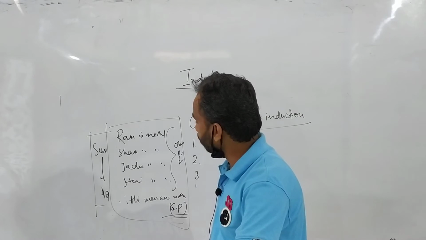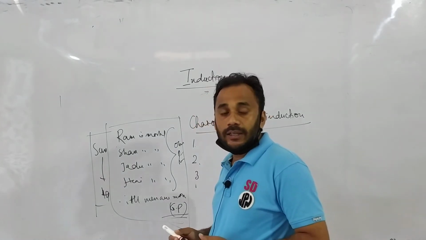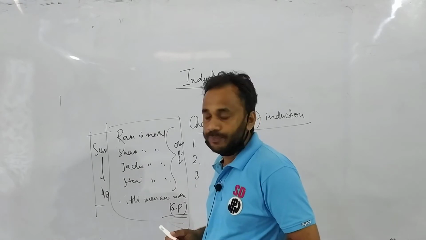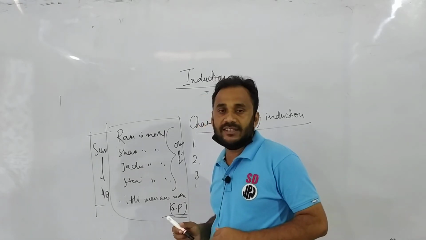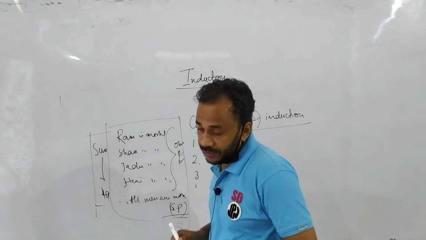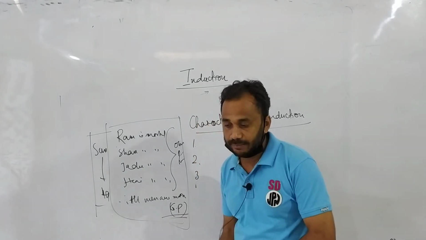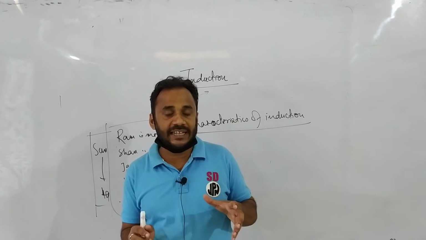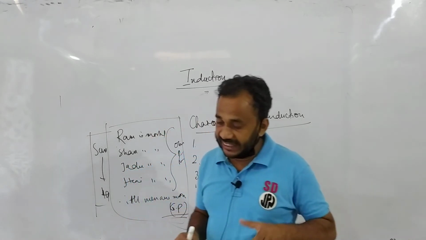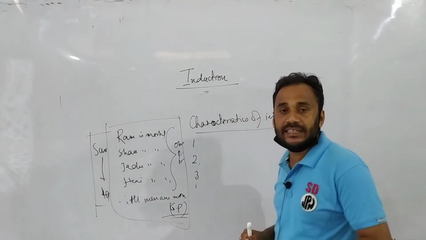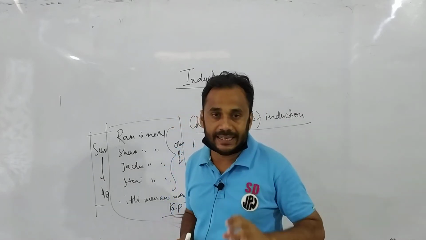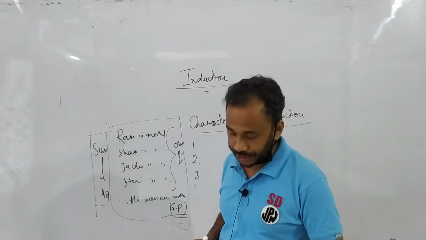In deduction we have to prove that this is true, but in induction the premises come from our own experiences. So in induction the premises are collected by observation. This is the second characteristic of induction.